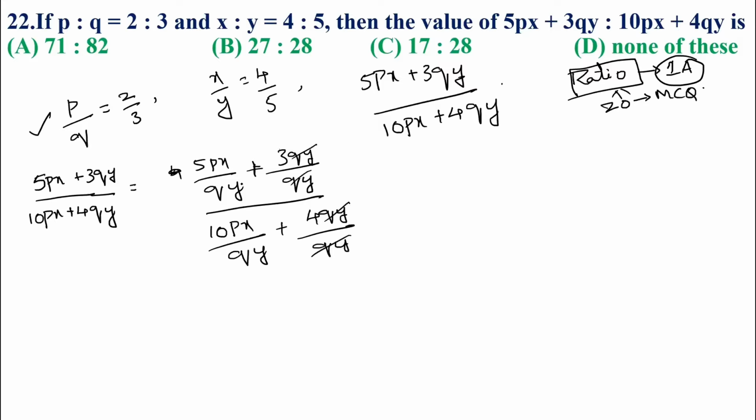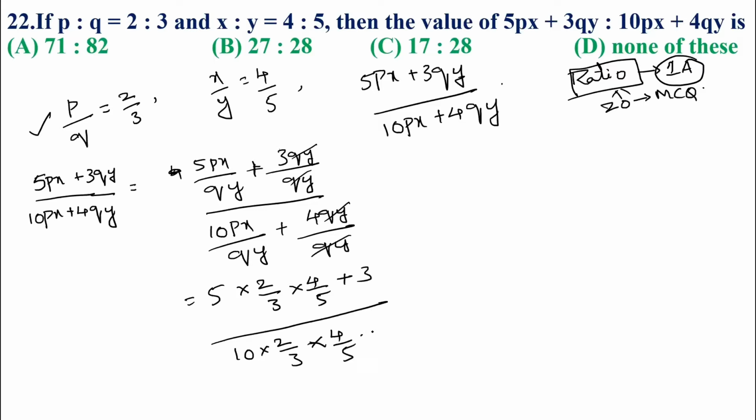Here p by q, x by y we can implement. Then this will become 5 into 2 by 3 into 4 by 5 plus 3 by 10 into 2 by 3, 4 by 5 plus... this 5 gets cancelled.